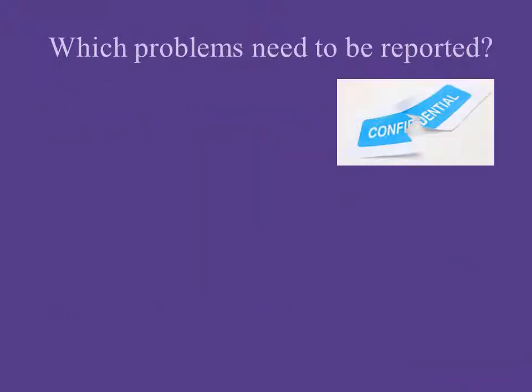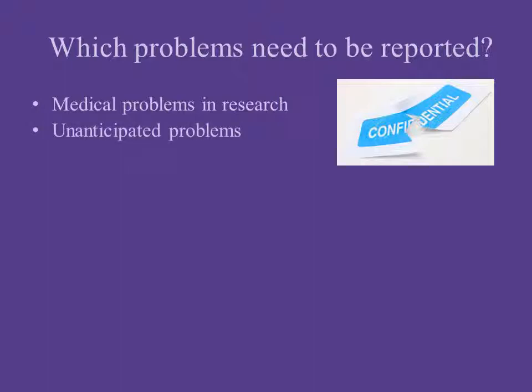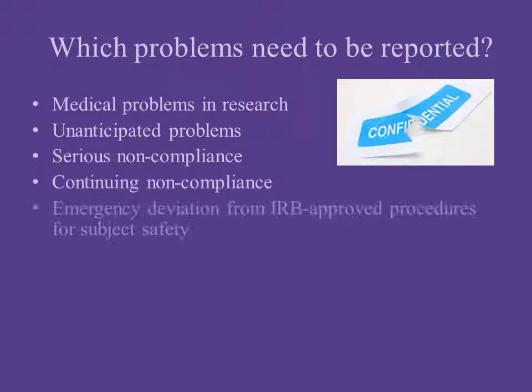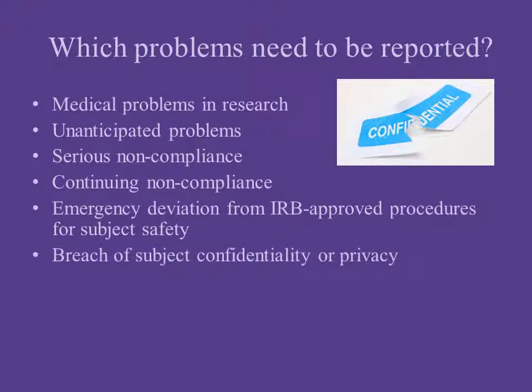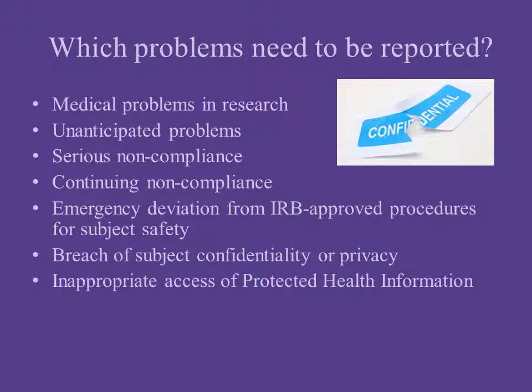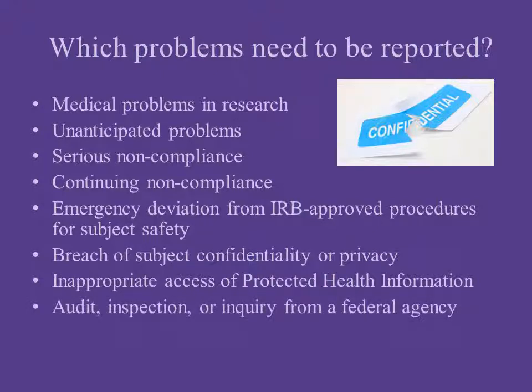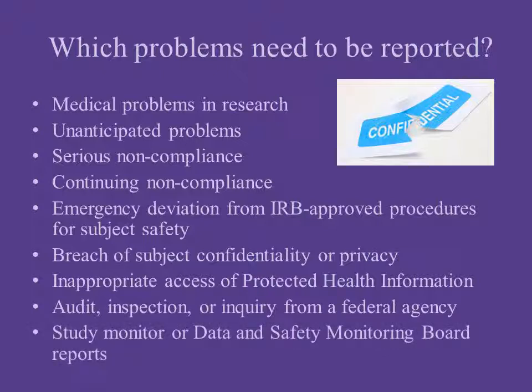Here is a partial list of the types of problems that need to be reported to the IRB. Medical problems in research covered by the UW Human Subjects Assistance Program, unanticipated problems, serious noncompliance, continuing noncompliance, emergency deviation from IRB-approved procedures for subject safety, breach of subject confidentiality or privacy, inappropriate access of protected health information, an audit, inspection, or inquiry from a federal agency, and study monitor or data and safety monitoring board reports.